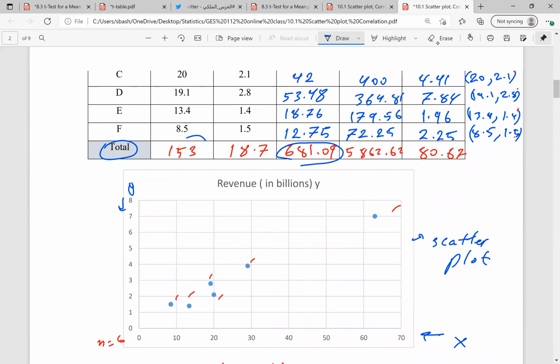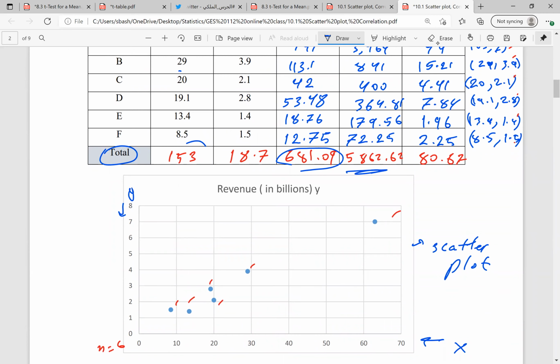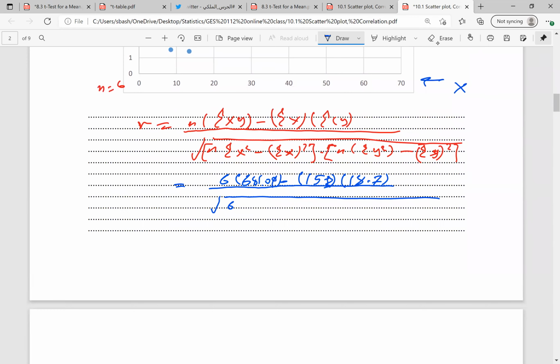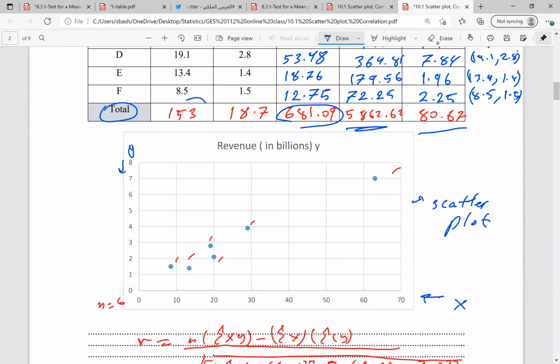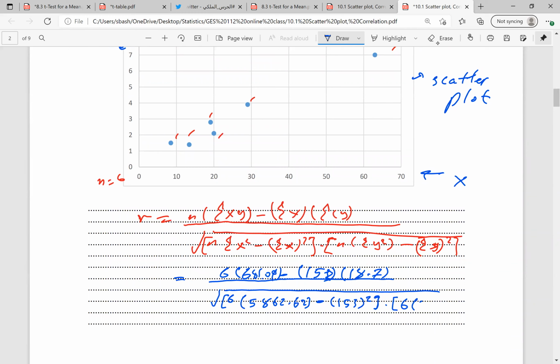Now, sigma x squared is the fourth column, 5862.62. So 6 multiplied by 5862.62 minus sigma of x, that is 153 squared, multiplied by 6 multiplied by sigma y squared, which is 80.67, minus sigma y squared, 18.7 squared.